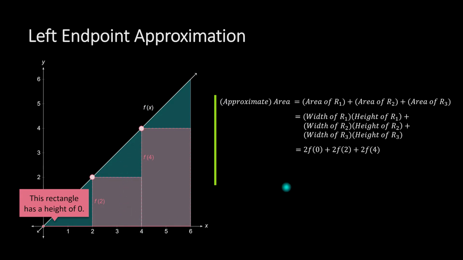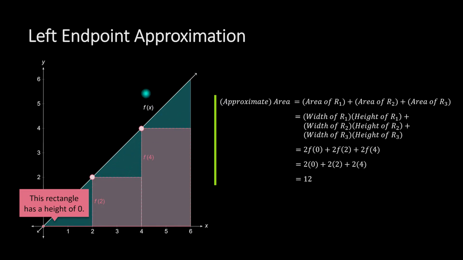So here I have 2 times f of 0, 2 times f of 2, 2 times f of 4, which when I plug that in, 2 times 0 plus 2 times 2 plus 2 times 4, that's going to be 12. Again, the actual area is 18, as we figured out earlier, so this is an underestimate, which shouldn't be terribly surprising because now all of these rectangles are strictly inside and I have all of this other space that I'm not actually accounting for.